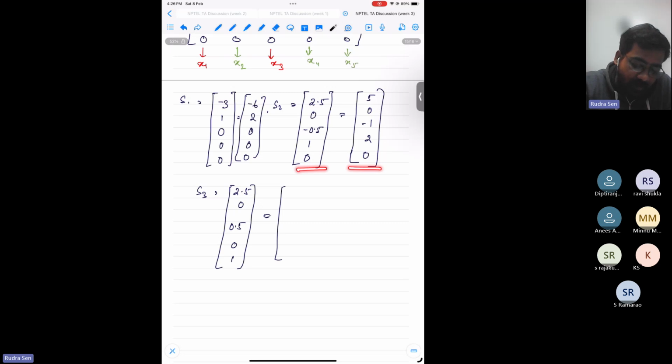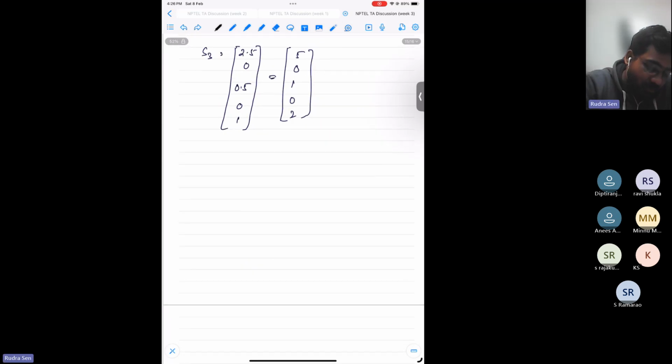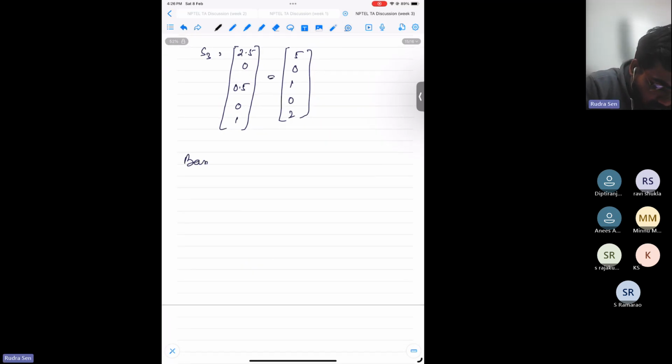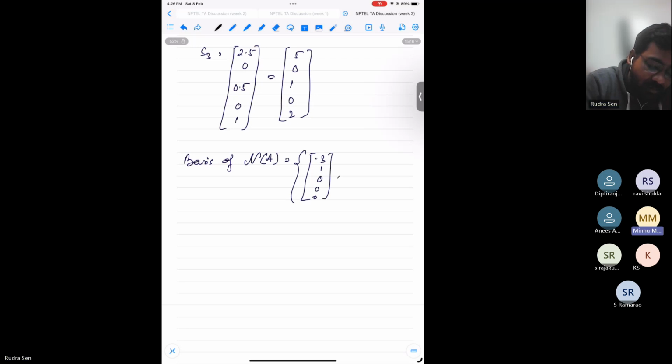So the basis of null space, I'm just considering the 100 term only, is minus 3, 1, 0, 0, 0; 2.5, 0, minus 0.5, 1, 0; and 2.5, 0, 0.5, 0, 1.